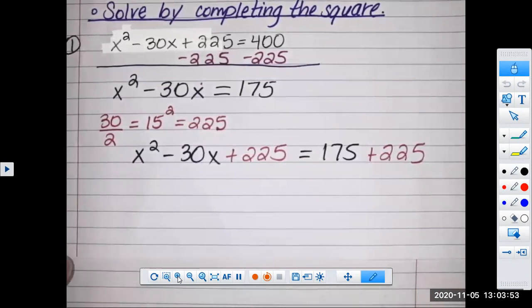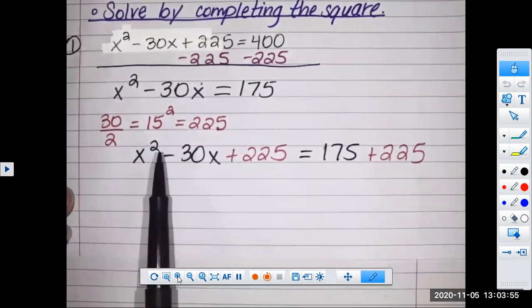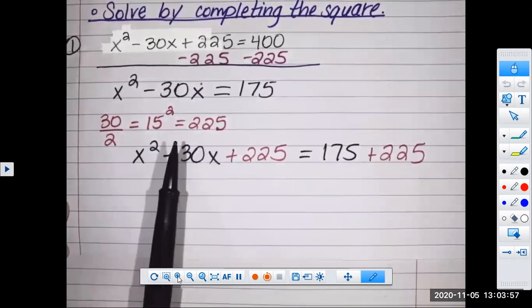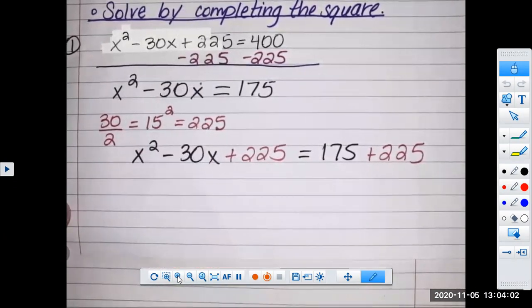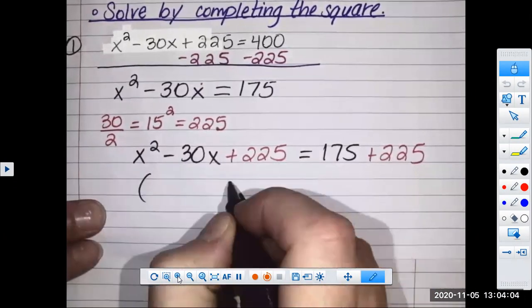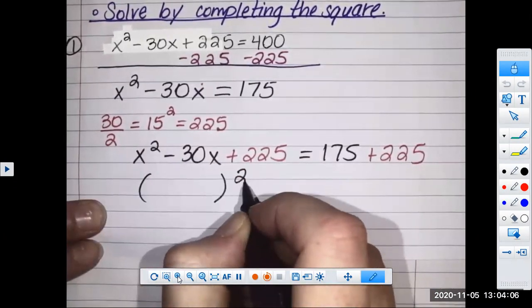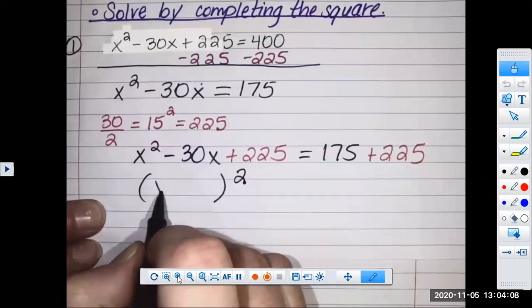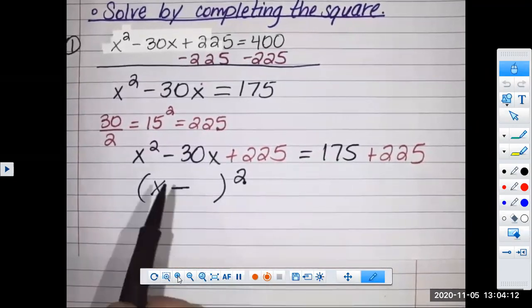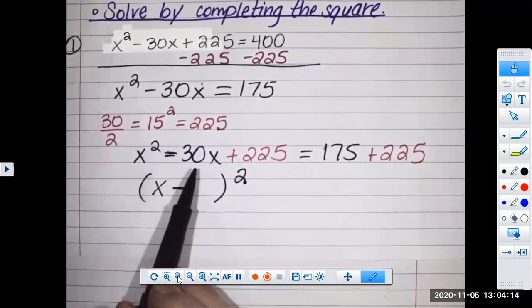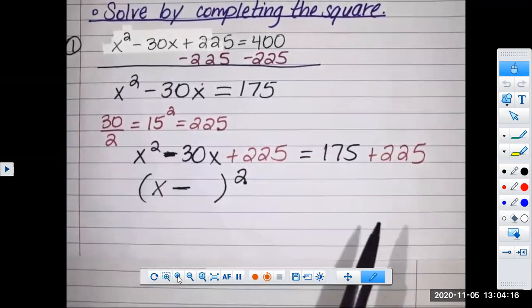Okay, now the third step, I should have a perfect square trinomial if I follow these steps right, and we do. So then we're going to factor it into that binomial squared, and I have x minus what? This sign comes from the sign in front of your middle term, and then you just take this.